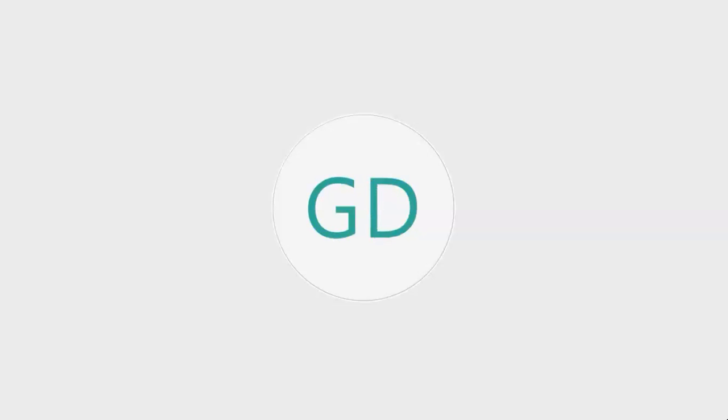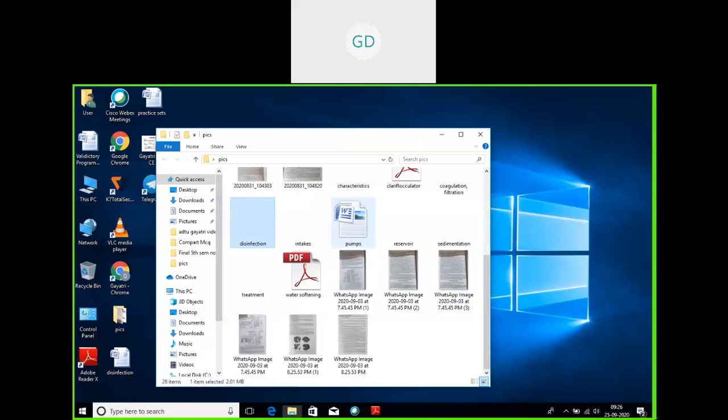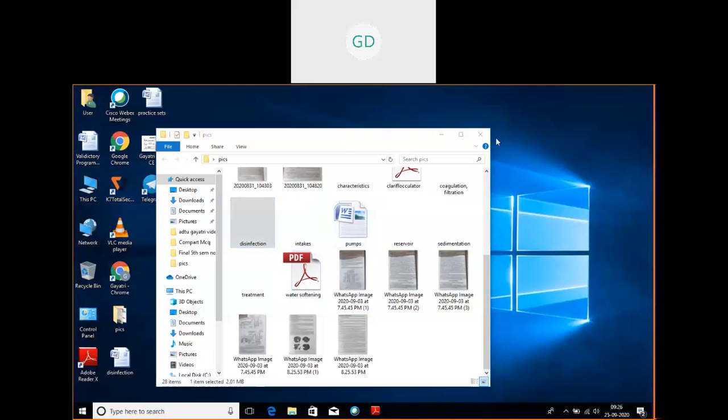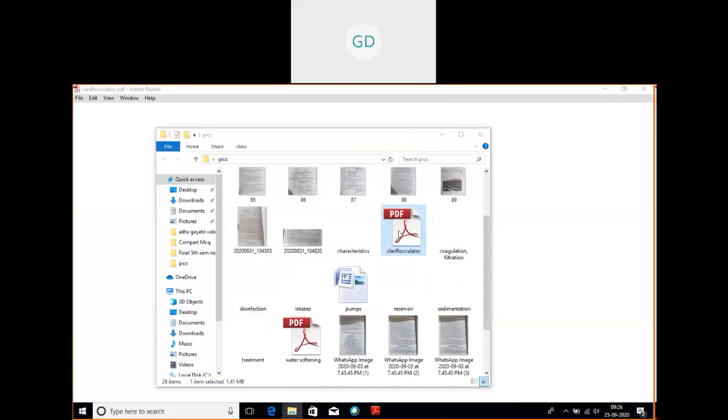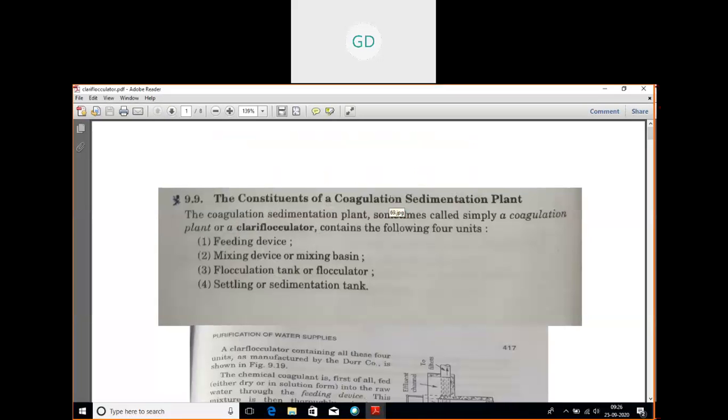Let me share my screen. Acha, any one of you please tell me whether I have covered the flocculator part with you or not. Have I covered this part with your section? Because this one I remembered I did with section B. Have I done section A or not?